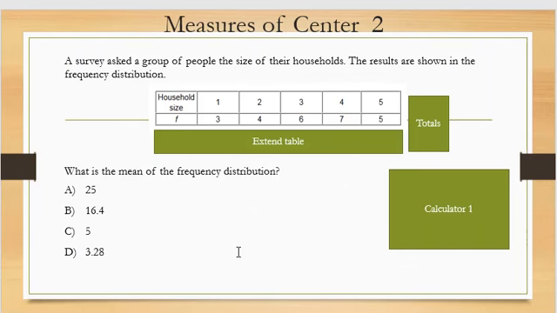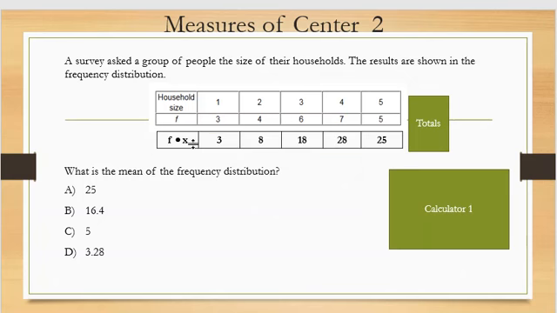Now, remember that when you're doing this frequency distribution, the first thing you're going to have to do is extend your table. And here again, you might want to press pause, work this yourself, and then come back to see if you got the correct answers.